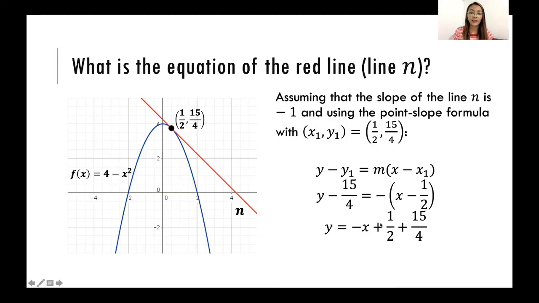So, we have negative x plus 1/2 plus 15 over 4. So, na-transpose na po si 15 over 4 dito sa kabila. That's why naging na siyang positive 15 over 4. So what will be the answer here? So y is equal to 1/2 plus 15 over 4 is 17 over 4. So we have y is equal to negative x plus 17 over 4.